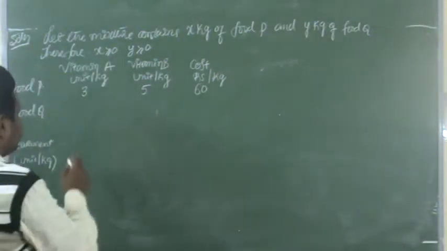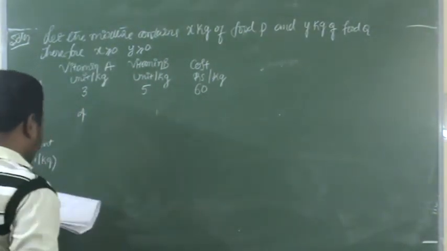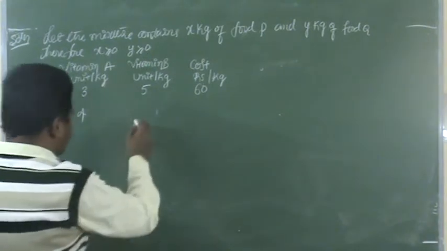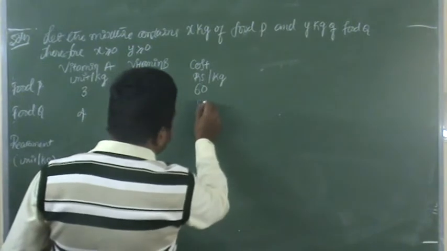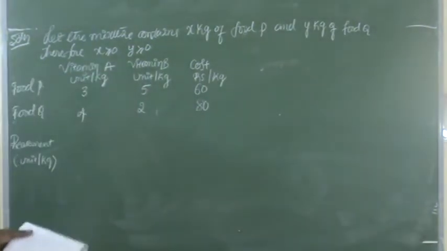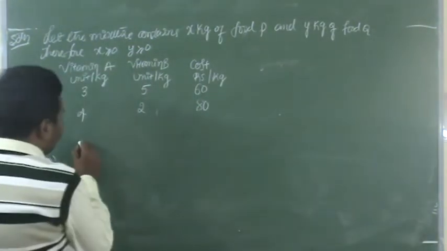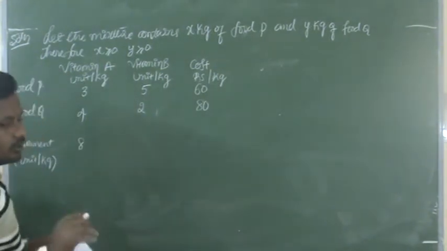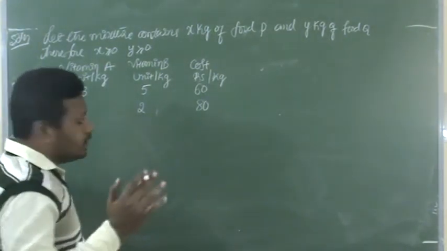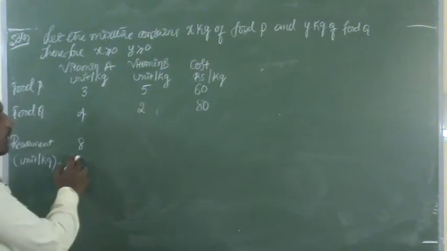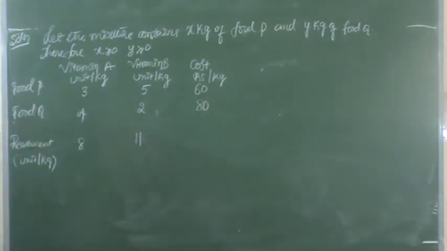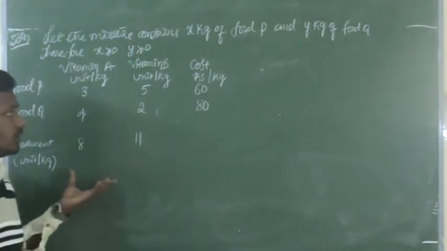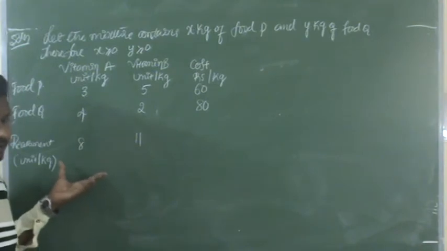For food Q, 4 units per kg of vitamin A and 2 units per kg of vitamin B, and the cost is 80. The requirement is that the mixture contains at least 8 units per kg of vitamin A and 11 units per kg of vitamin B. This is the table given.